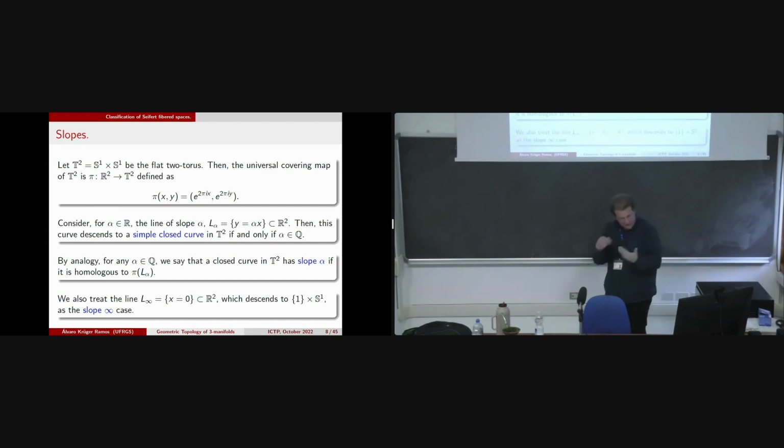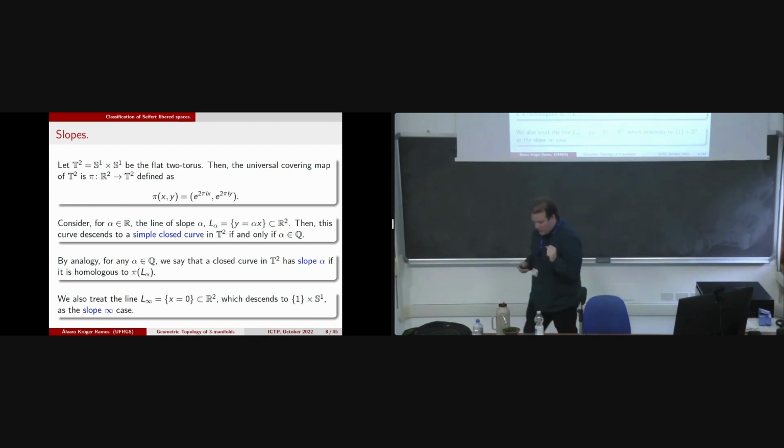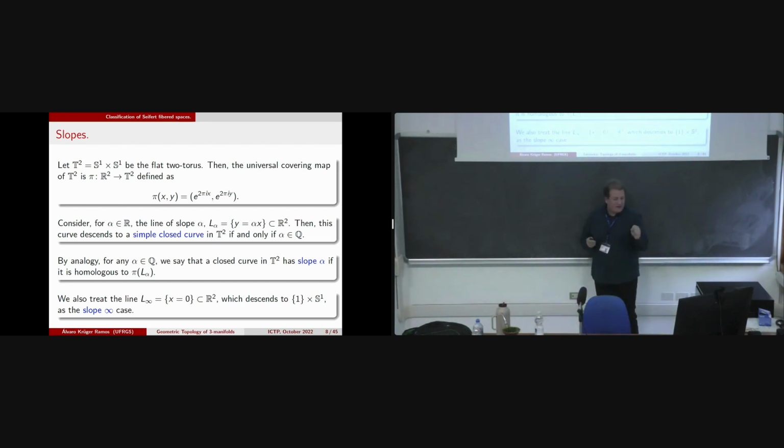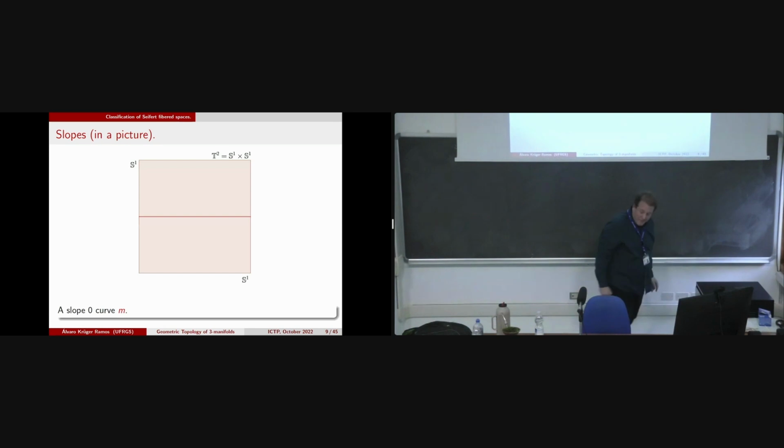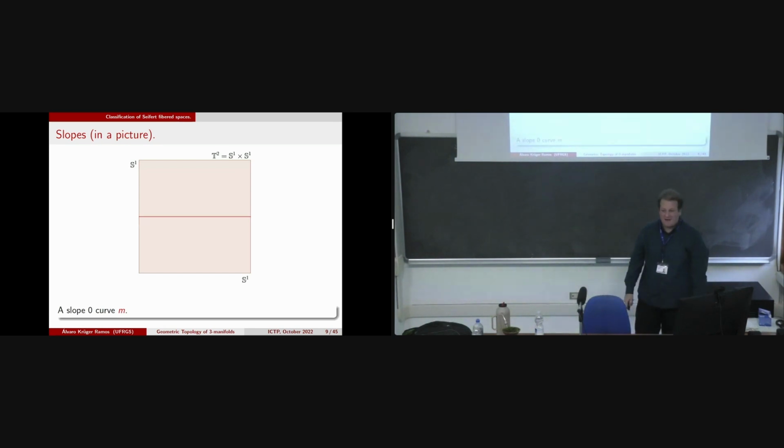Okay, so we need to overcome this when we are working with abstract tori. Oh yeah, and we also think the case alpha equals infinity would be just the vertical line, and this vertical line is easily seen as one of the two factors, and this is going to be the slope infinity curve.